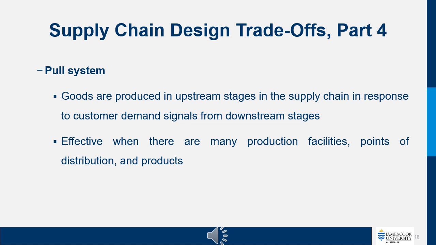However, implementing a pull system requires effective management, communication, collaboration, and coordination between different stages of the supply chain. Now, choosing between push and pull systems depends on various factors such as the nature of the product, market demand volatility, lead time requirements, and organizations' capabilities.